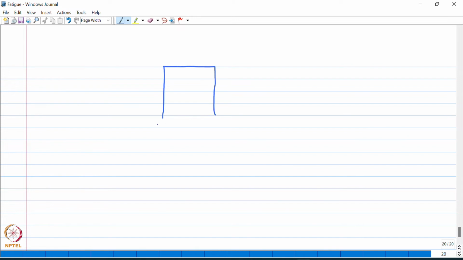If I show it through this schematic, something like this, where each striation represents the successive position of an advancing crack front that is normal to the largest tensile stress.